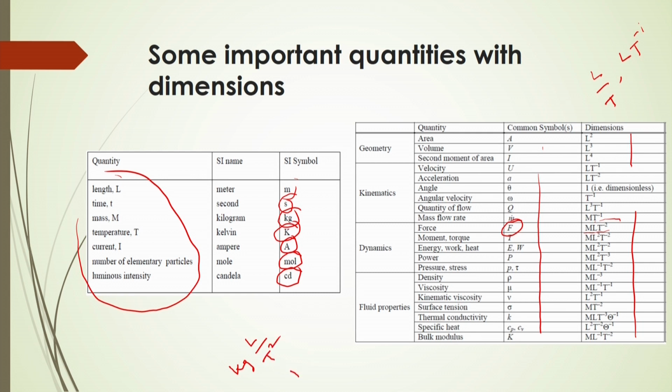So it will be M L t to the power minus 2. This is your dimension here. Similarly, you can have density, which is kg per meter cubed. That is mass for M, and meter cubed means L to the power 3, so it will be M L to the power minus 3. In this way these dimensions are expressed.